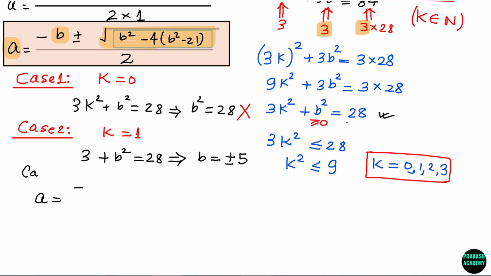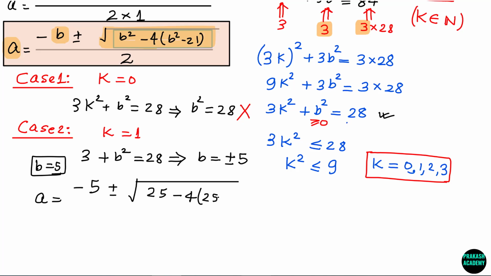So case 1, or you can simply say when b is equal to 5. So this is the case when we are considering b is equal to 5. So in this case this will be minus 5 plus minus the square root of b square, 25, minus 4 times c, which is 21, divided by 2.